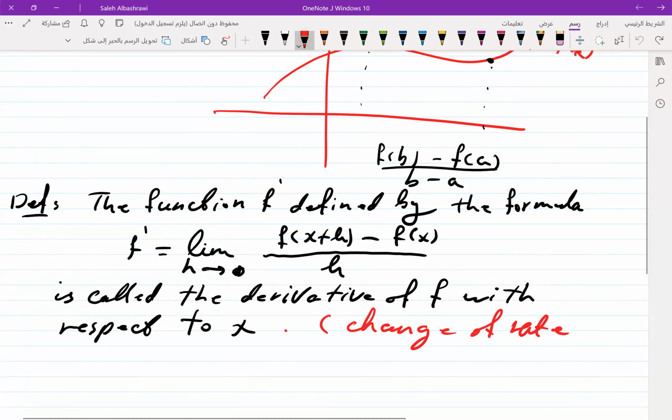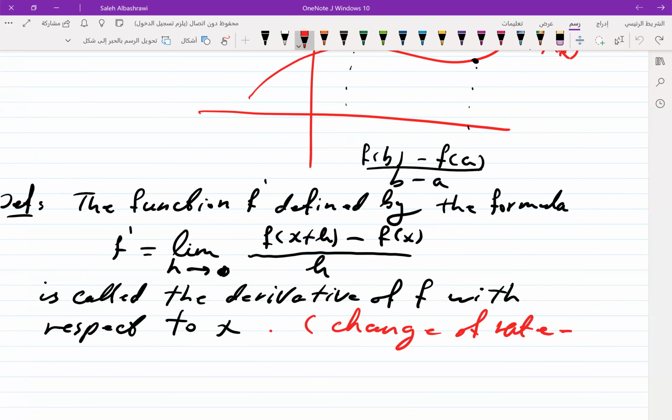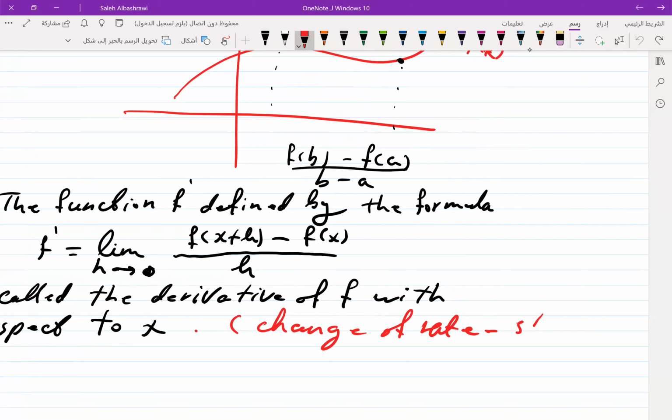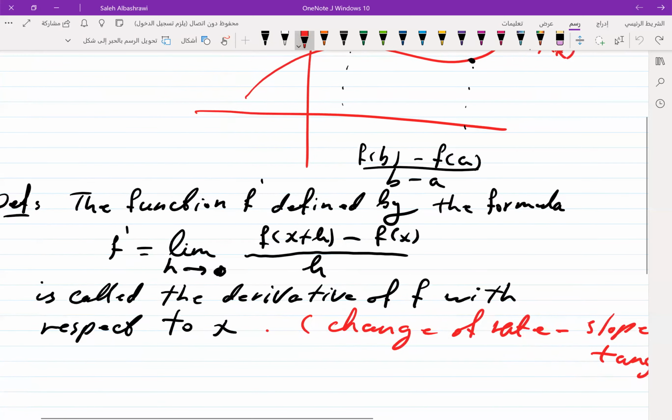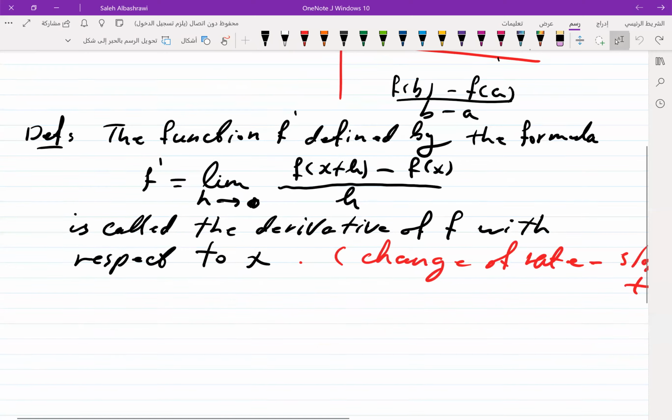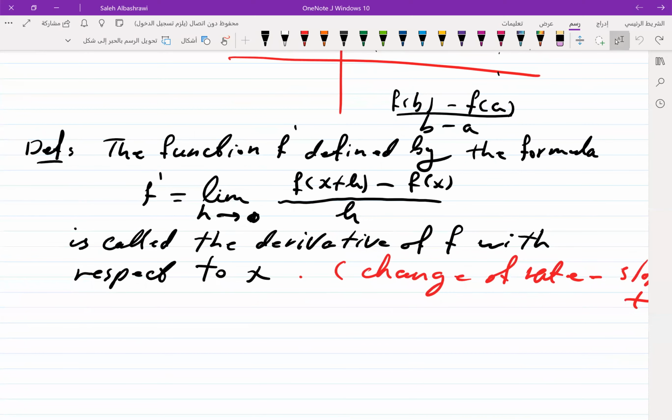Or sometimes called the slope of the tangent line. We'll see this later on. So this is the derivative.